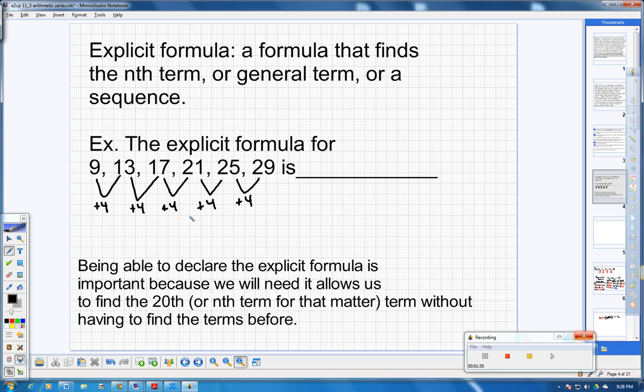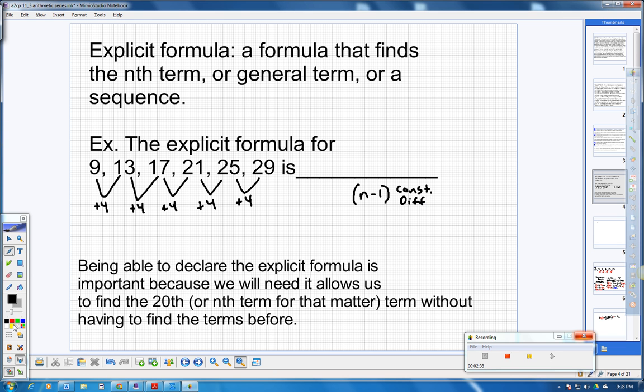There are a couple of different ways to write the explicit formula. You might start off with a really general one, and general is the formula that I gave fifth period the other day, where we take n minus 1, and we multiply that by the constant difference, or the common difference, as the book calls it sometimes.